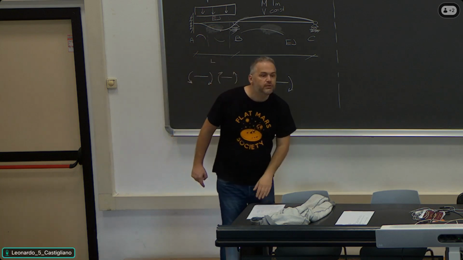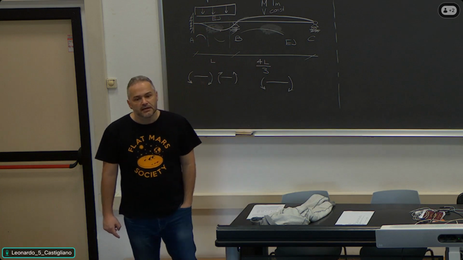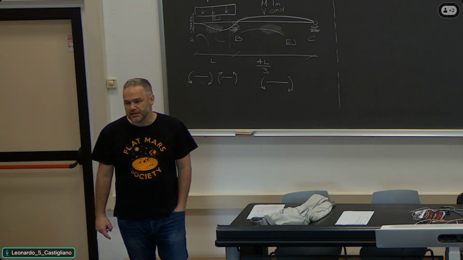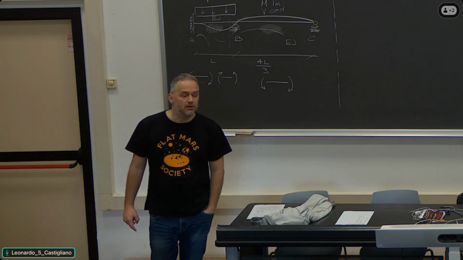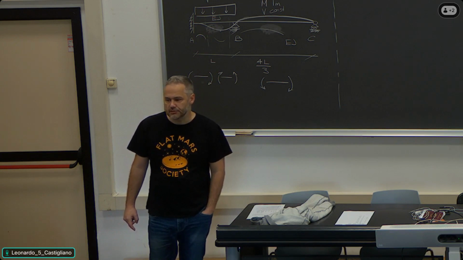So, how do we solve it? What is the way to solve continuous beams? The way we always did it, either in class or when you did your practical examples with Maria Chiara during the year. We solve it by assuming unknown forces or unknown bending moments over the supports.